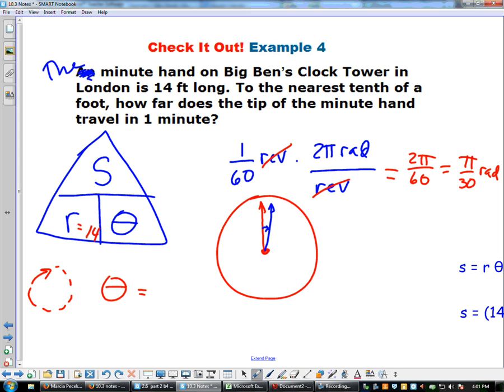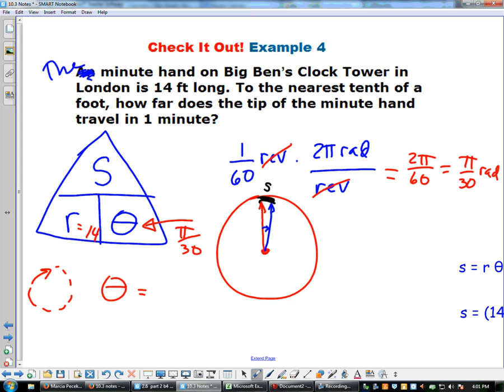So that is going to be our radian measure. That's our angle measure. Pi over 30. And so in order for us to find the arc length, what are we actually trying to find here? We're trying to find how far the tip of this hand is moving in 1 minute.